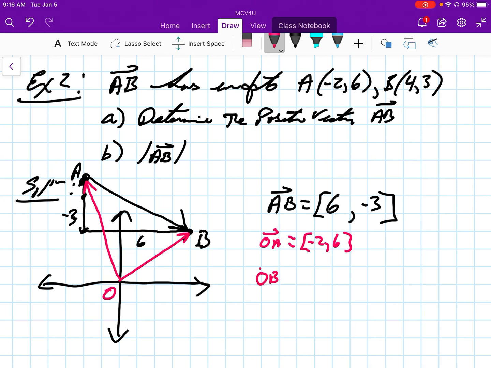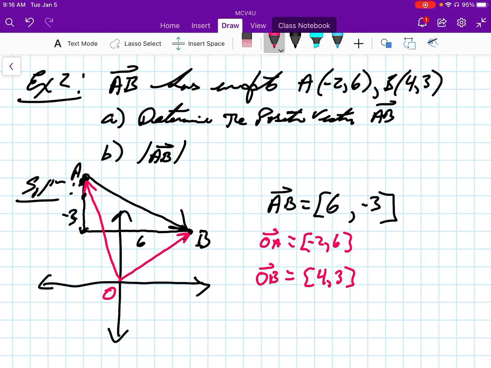OB is the position vector for 4, 3. If you look at the diagram OB, OA, and then AB, you can see that that sets up a subtraction of vectors. OA and OB are lined up tail to tail.